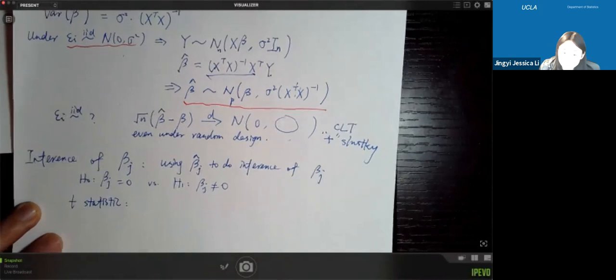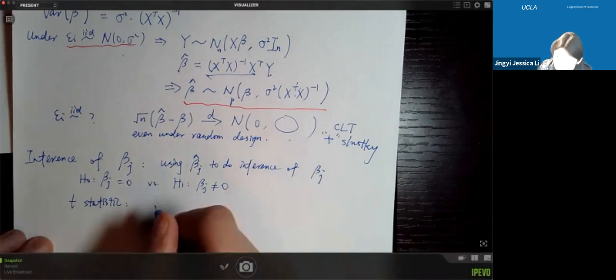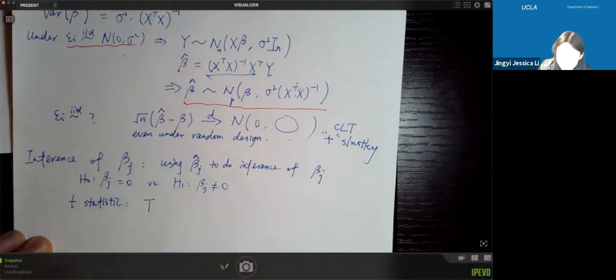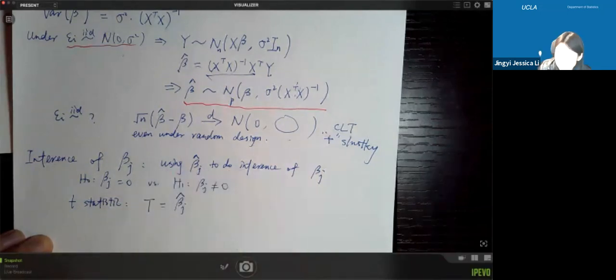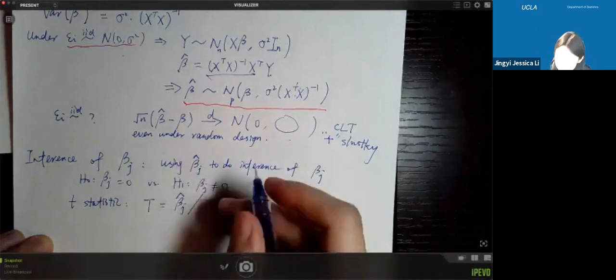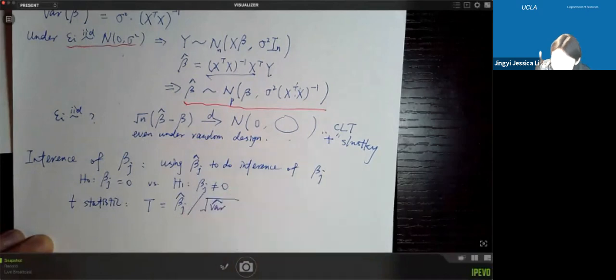So in the linear regression setting, the t statistic is defined as, I'm going to use uppercase for it because it's a random variable. It's defined as beta j hat divided by the square root of its estimated variance.